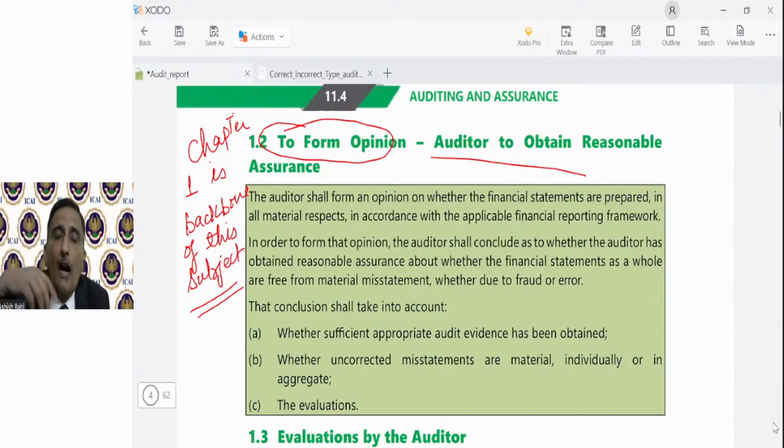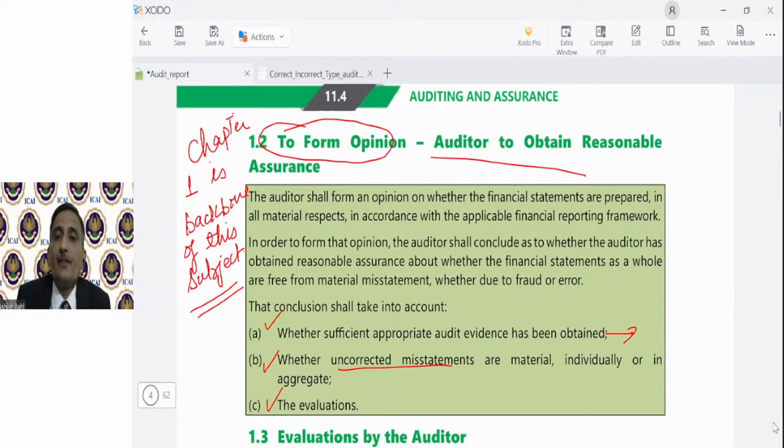Okay, how does he draw conclusions? His drawing of conclusions depends upon 3 factors. Number 1, whether sufficient appropriate audit evidence has been obtained. If he has not been able to obtain sufficient appropriate audit evidence, then obviously he cannot express an opinion. He would not be in a position to express an opinion.